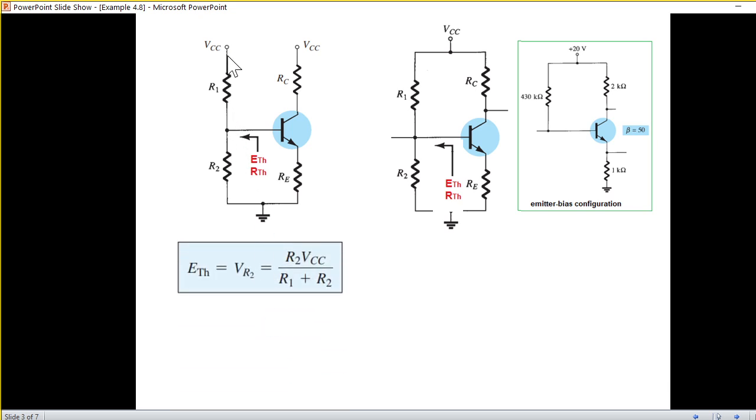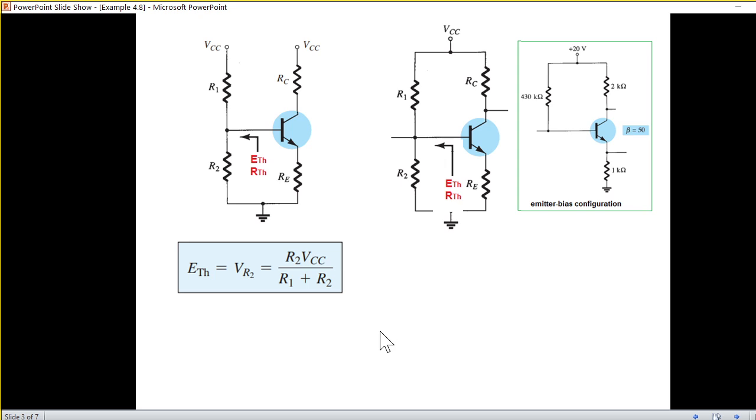And now you can see we are interested in this voltage, that means the voltage across resistor R2. This voltage will be called E Thevenin or V Thevenin, and the voltage division rule says that the total voltage, that is VCC, divided by total resistance, multiplied by the resistance across which we want to find the voltage, so multiplied by R2.